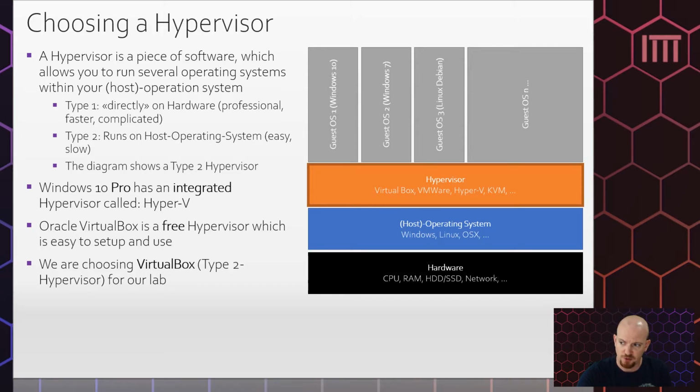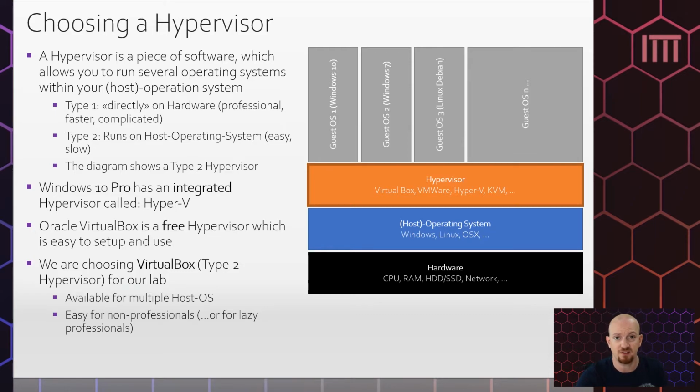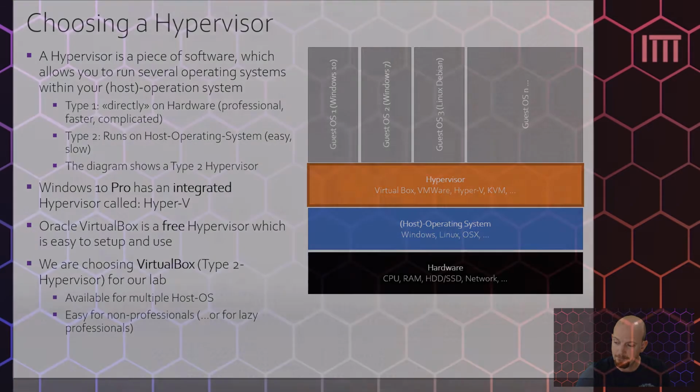We are choosing VirtualBox for our lab because it's really easy and we don't need more features than Oracle VirtualBox provides for free. Also, VirtualBox is available for multiple host operating systems, Windows, Mac OS X and Linux. So this gives you a bigger opportunity to set up this lab yourself.